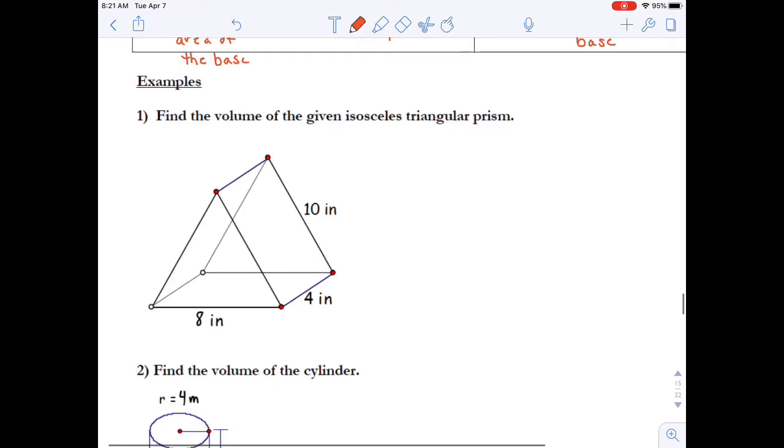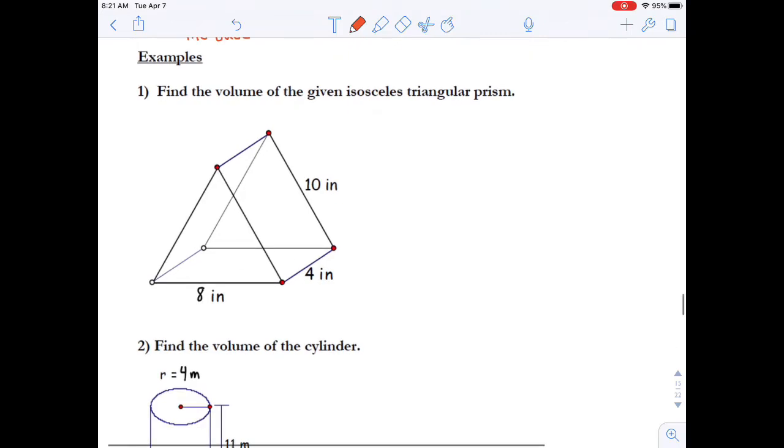Our first one, find the volume given this isosceles triangle prism here, triangular prism. Now, we gotta look at what is our base. Our base here is these isosceles triangles. Which, if you think for a second, what would the height then be? Your height is the 4.